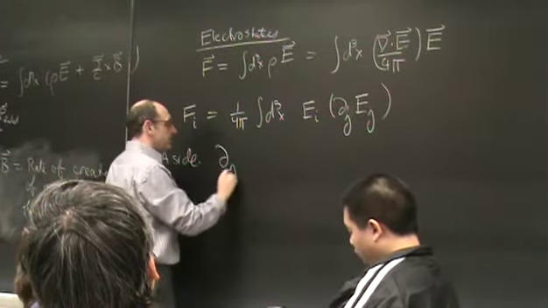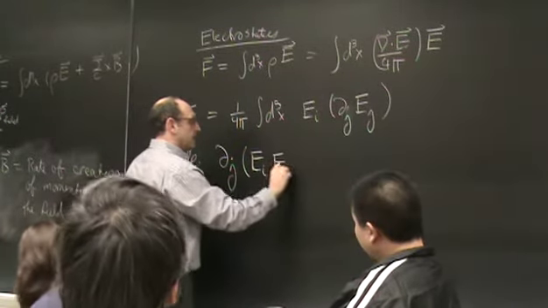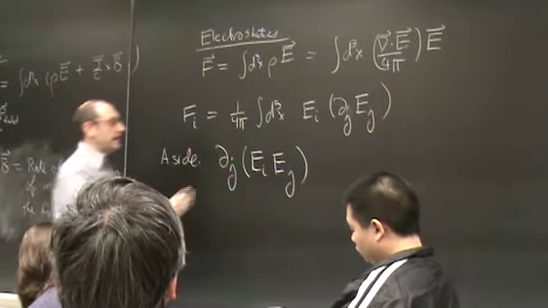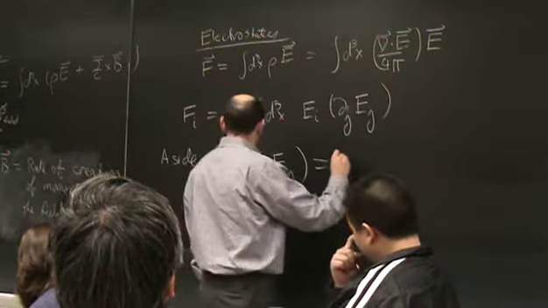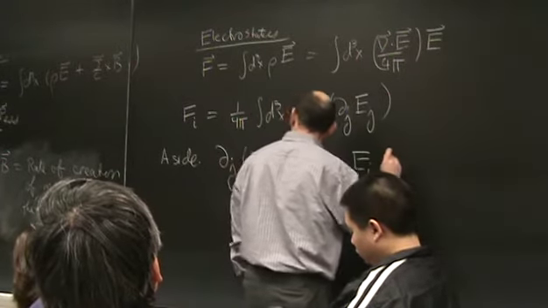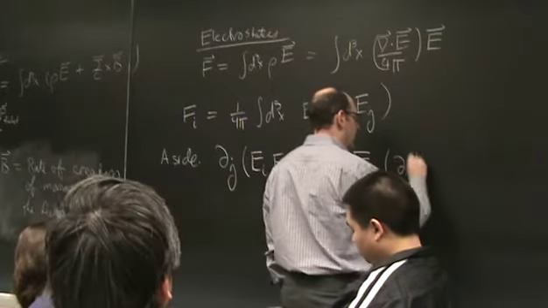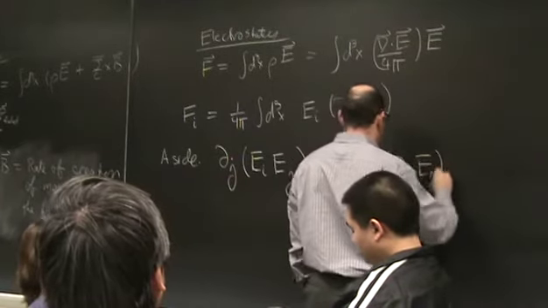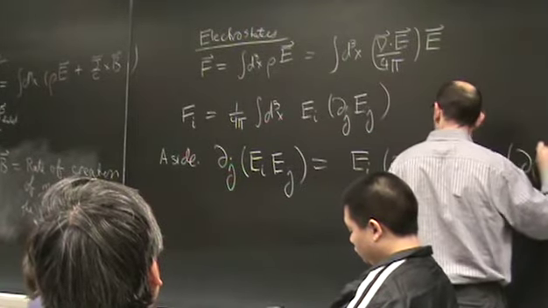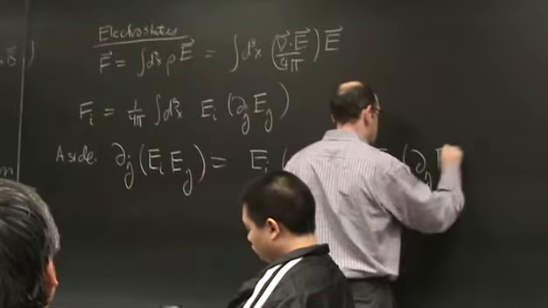Let's look at the partial j of E_i E_j. That is equal to E_i times partial j of E_j plus E_j partial j of E_i.